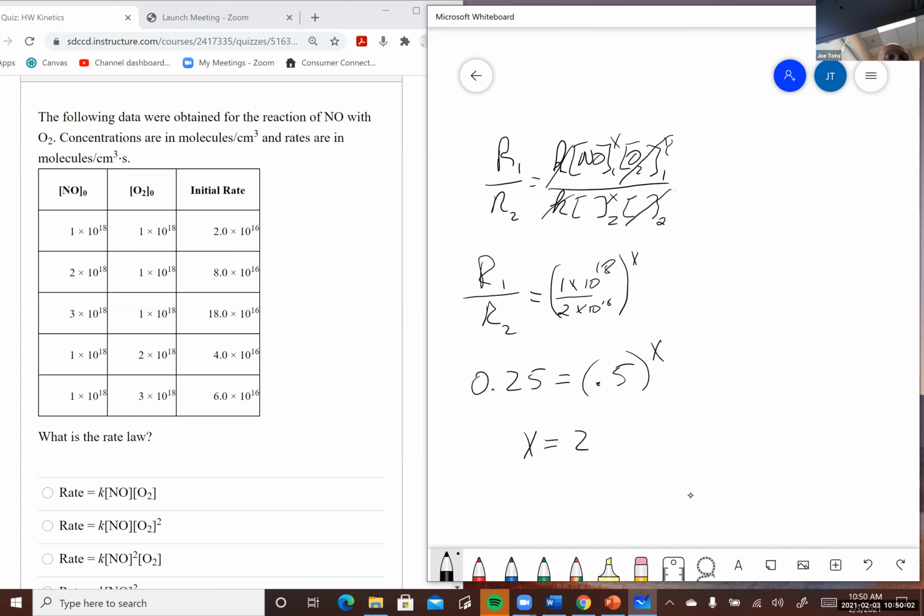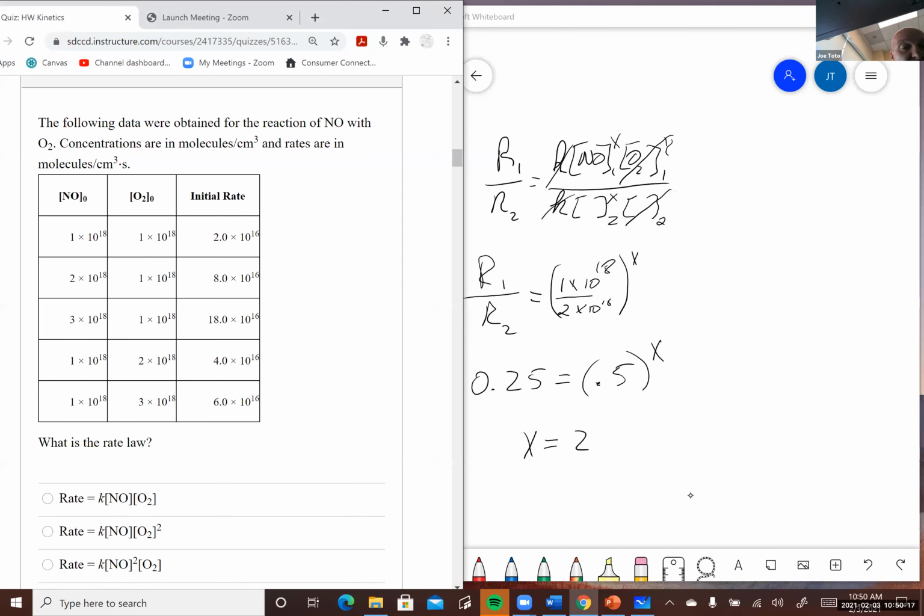Now, which experiments would I look at to deduce the effect of O2? Three and four. Okay, let's see. 3. Oh, just kidding. 4 and 5. Let me see. I can't write on this thing, so it's hard for me to do it. 1, 2, 3, 4.